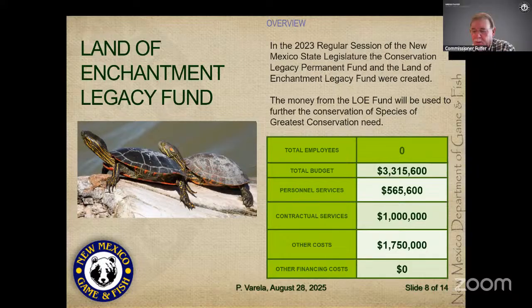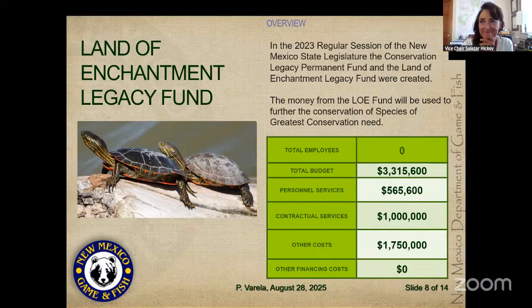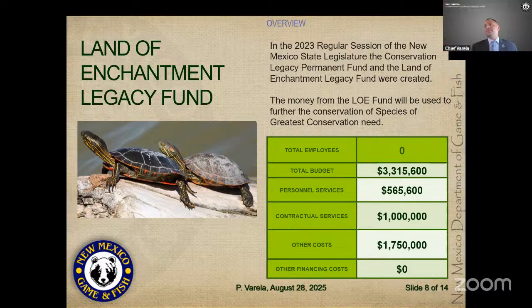And can you give me just an example of what's the name of their department or their job titles? Generally speaking, their titles are SGCN biologists, the species of greatest conservation need biologists, and they're going to work on the full range of the 499 species of greatest conservation need that we identified in the SWAP.